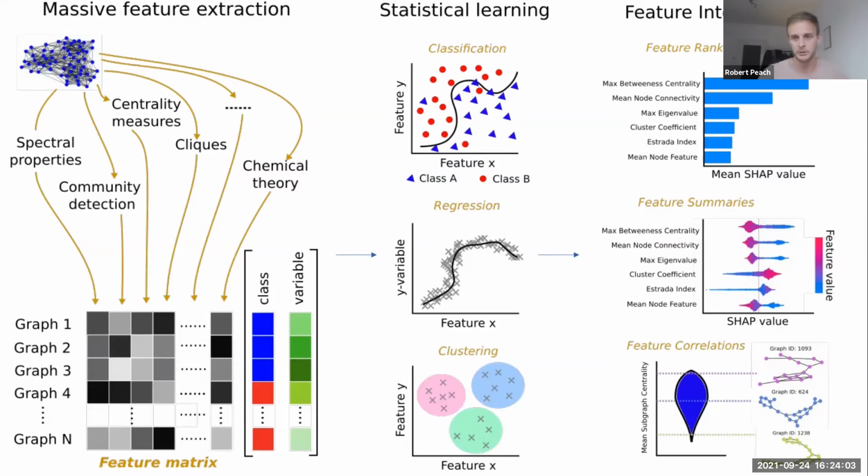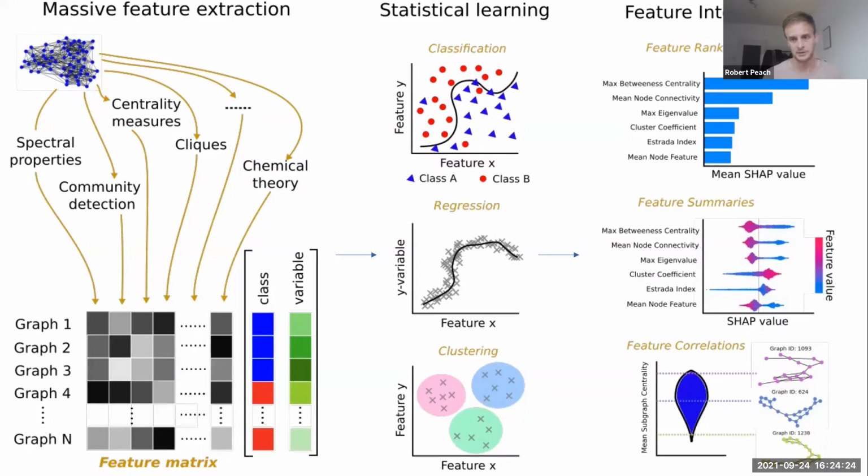Here we use SHAP analysis, which is a nice way of defining feature importance in tree-based algorithms, but it's also applicable to other forms of machine learning algorithms. From this, we can identify which features were most influential in our model predictions.